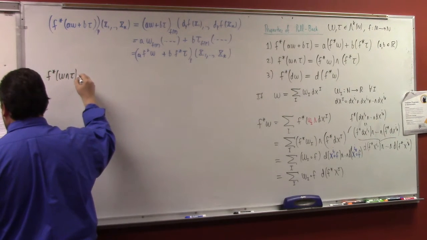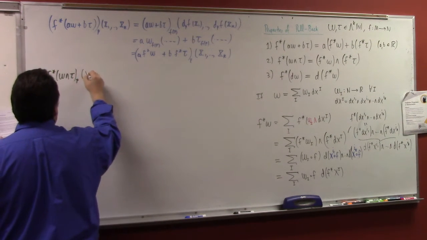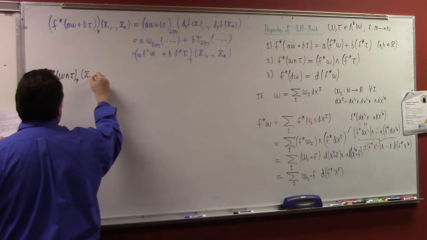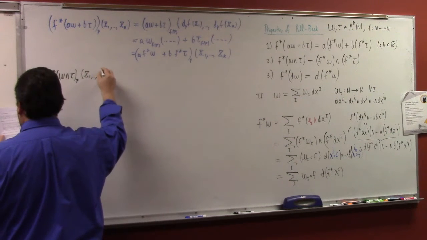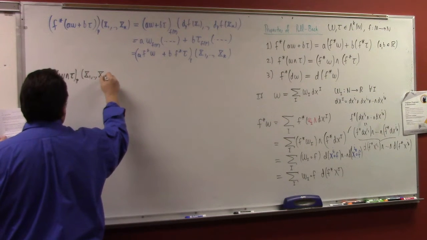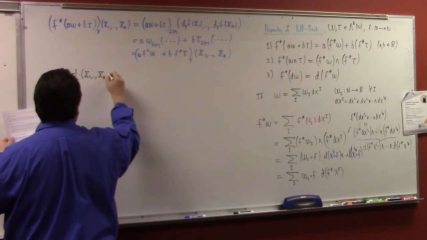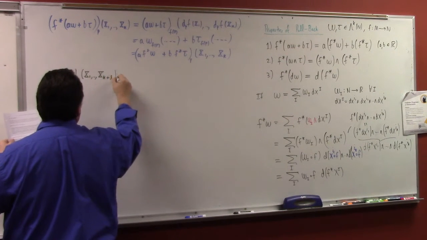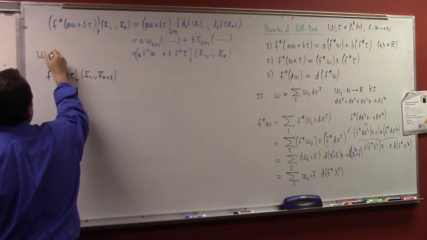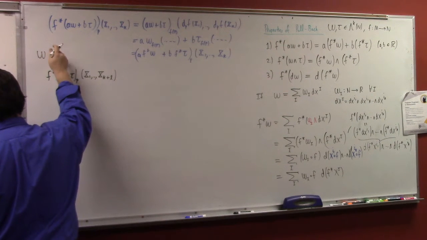That's funny. I got a square bracket just left over there. Whatever. x1 dot xk plus L. All right, so I'm assuming omega is a K form.